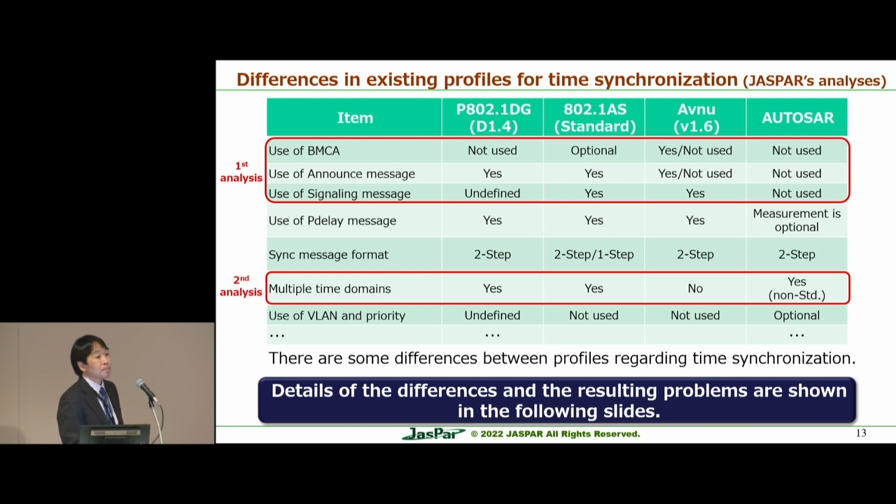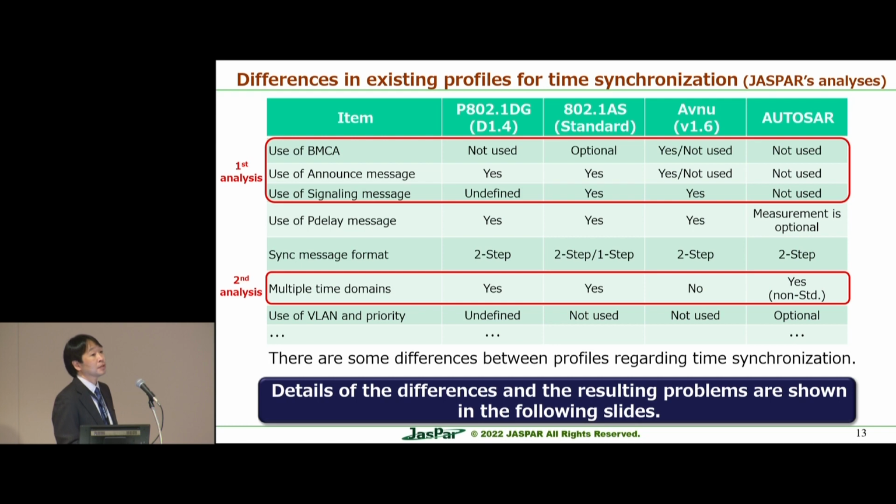This table compares the characteristics of each profile: DG, AS, Avnu, and Automotive. As you can see from this table, there are some differences between the profiles regarding time synchronization. In this presentation, we'll show you two analyses.